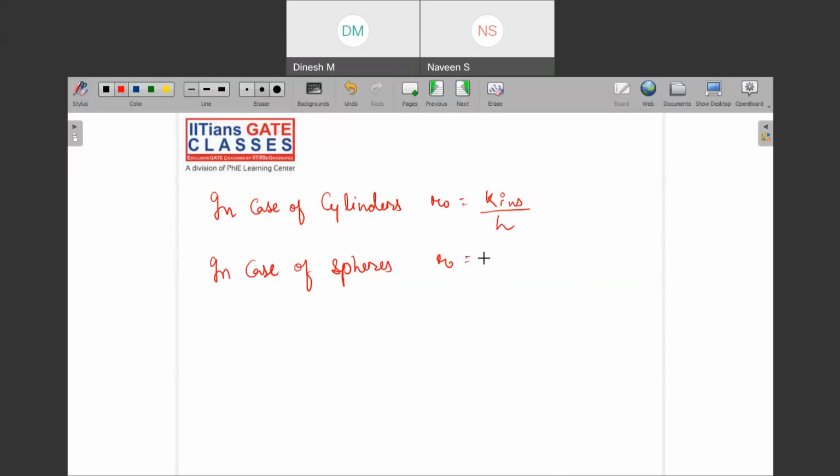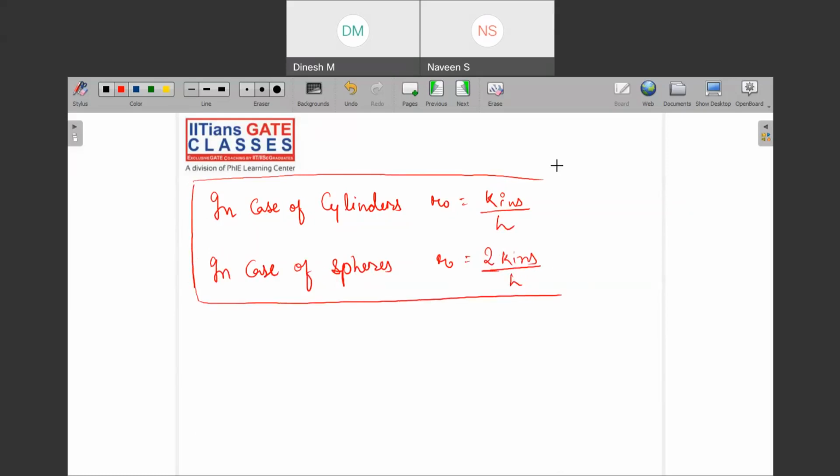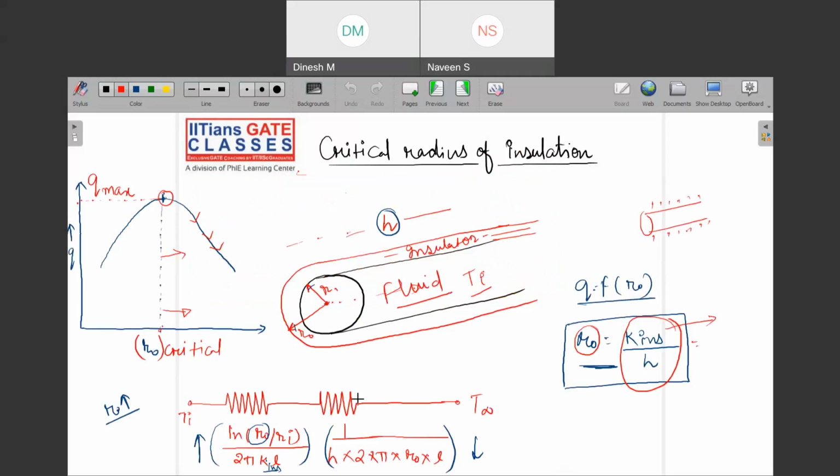So this R naught value becomes 2 times K of insulator by H. Derivation is not important, so we should not just remember this value, and we should know what the idea was to arrive at this. See, what happens is that if you look, then your Q is delta T upon R.